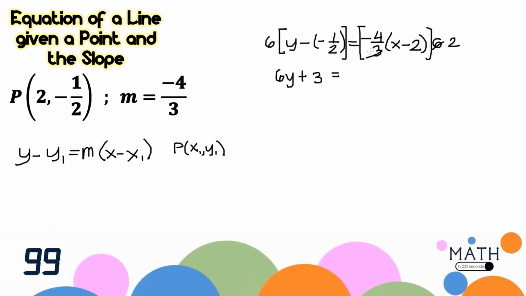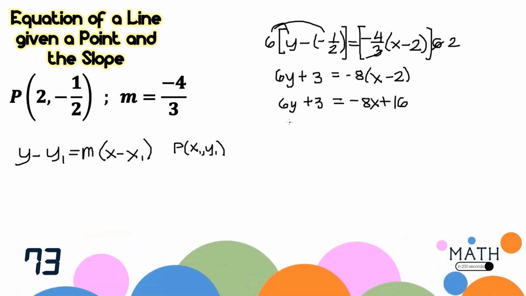So negative 4 times 2 is negative 8 times x minus 2. Again, it's negative 8, unlike here because you're going to distribute that here, but for 6 here it's the entire. So you have 6y plus 3 is equal to, when you distribute that, negative 8x plus positive 16.